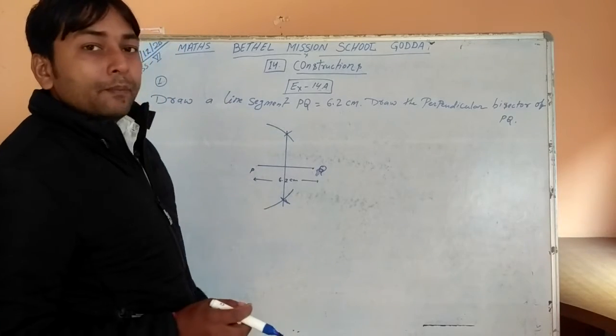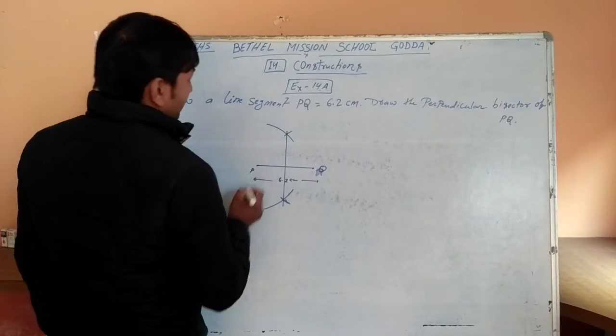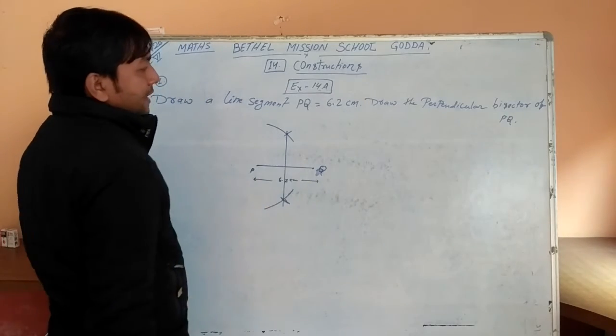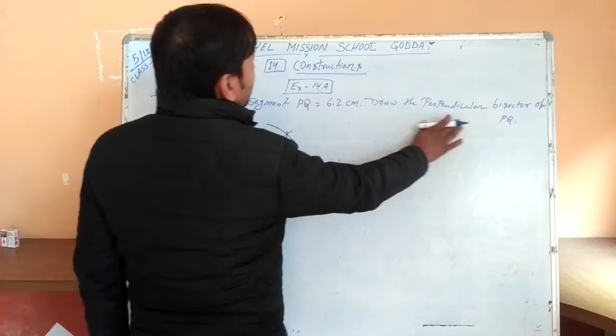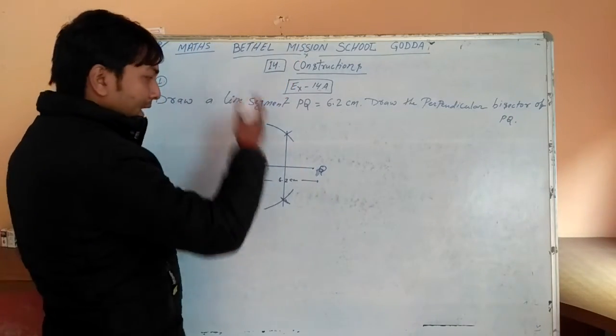This is a perpendicular line to PQ we have drawn, that is 6.2 centimeter, and draw the perpendicular bisector of PQ, that is perpendicular bisector.